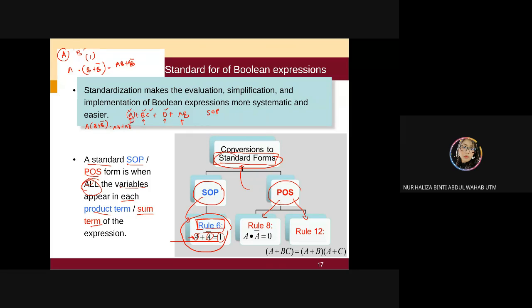And you can see, we are still not looking over here, okay? We just look at this product term only. So you can see, oh, you still lack C and D. You still have not yet accomplished it to be a standard. If standard, you need to have all the variables.